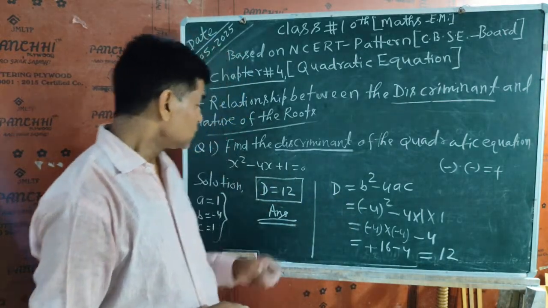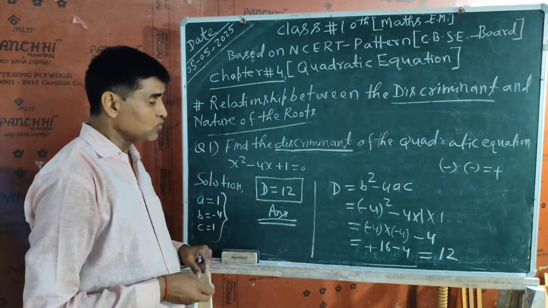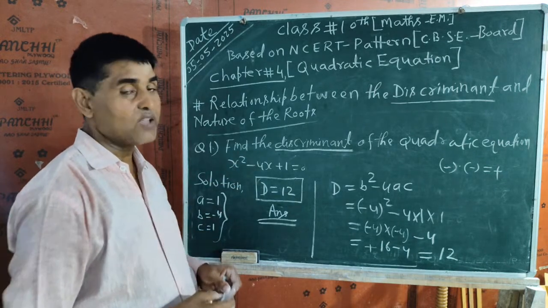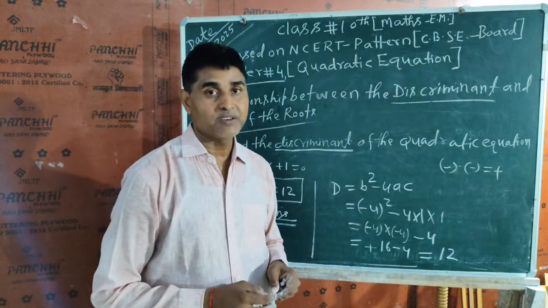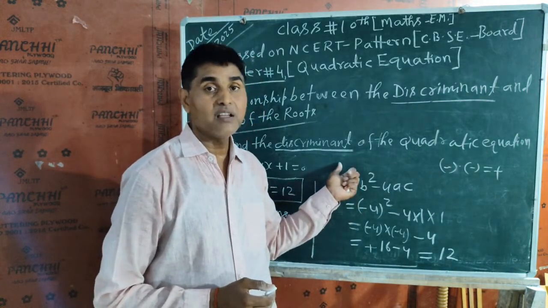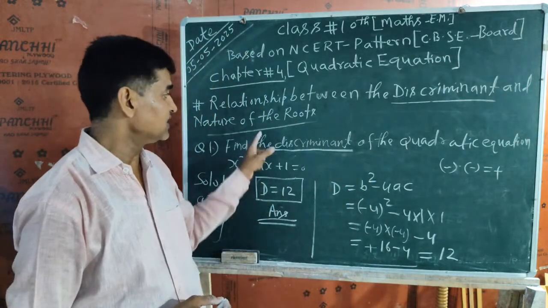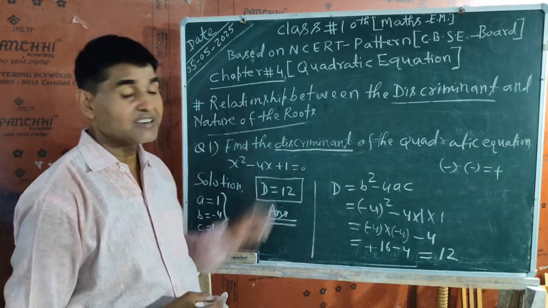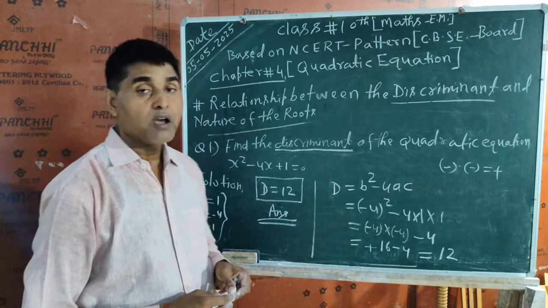Okay student, so this solution I am going to erase, and I will write another question and solve it, in which we have to find the unknown parameter by using the nature of the root. The nature of the roots is given, and I will use that to obtain the value of the unknown parameter.